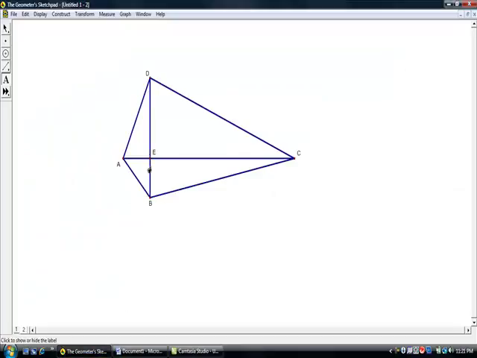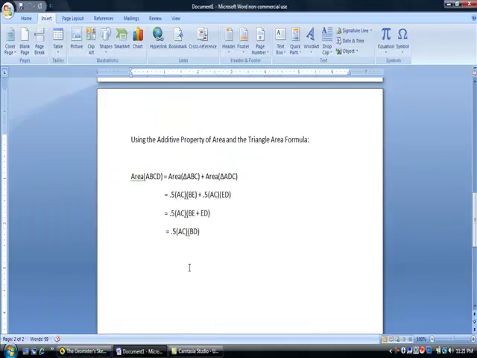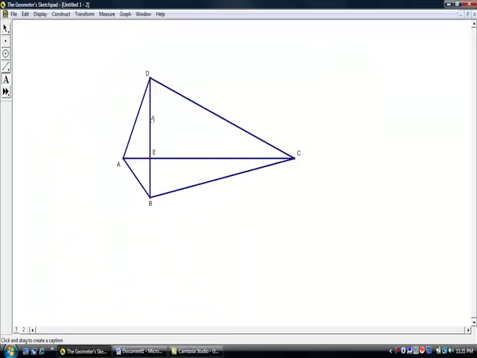BE is the height here, ED is the height here. So what these two added up equals is actually the length of BD. And then I've got 0.5 times AC times BD. That's the area of that quadrilateral. Well, you know what? AC and BD are the diagonals. There's our proof. Again, it's not one of those fancy 2-column ones. We just kind of reasoned our way through it.